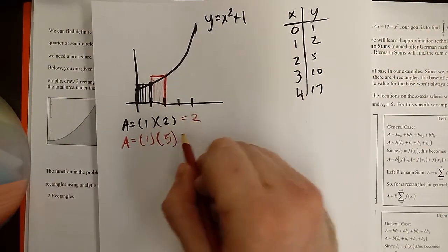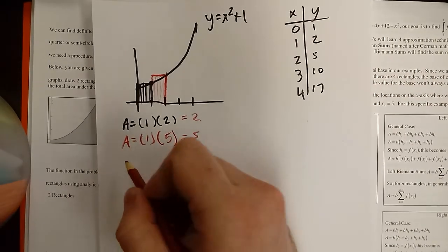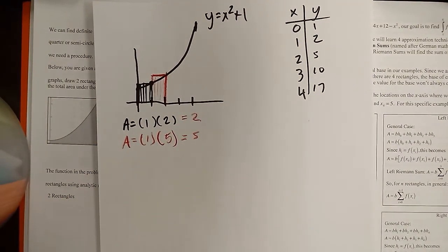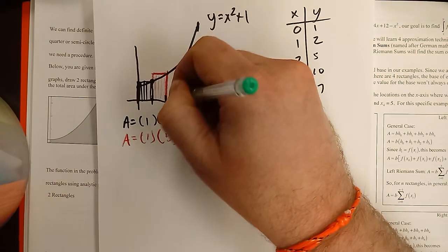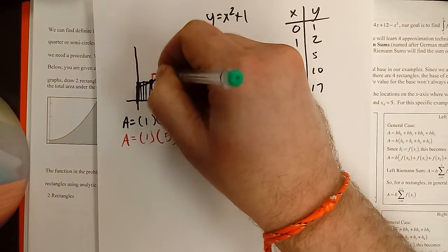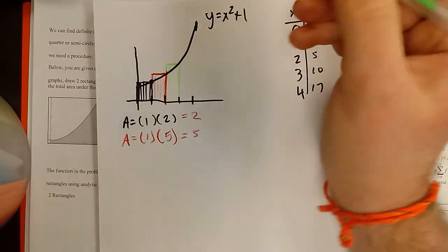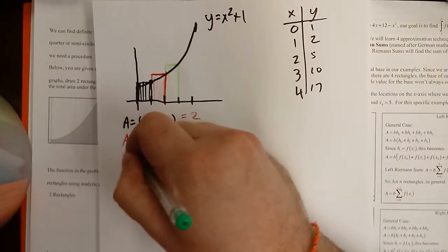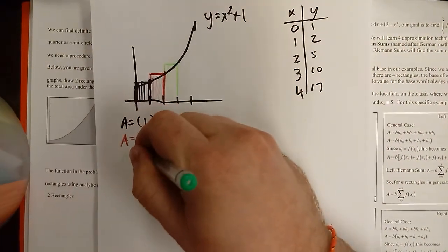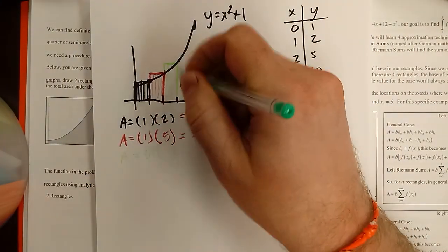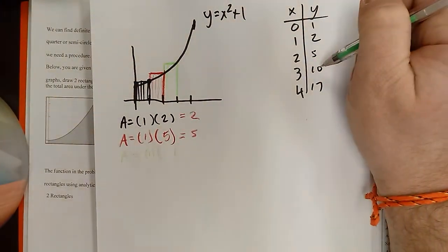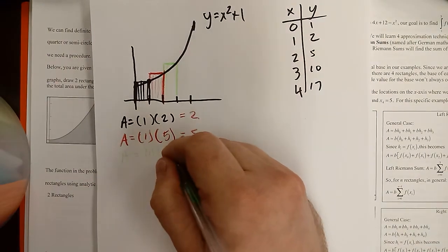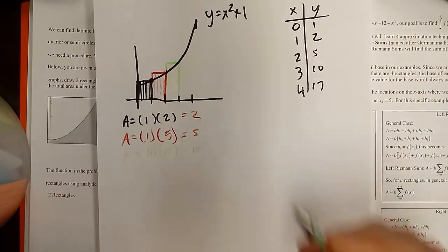So this one was 2, this one was 5. Our third one, same deal. We'll go up the right-hand side, go over, go down. The area is still just a base of 1. The height this time, when x is 3, was 10.